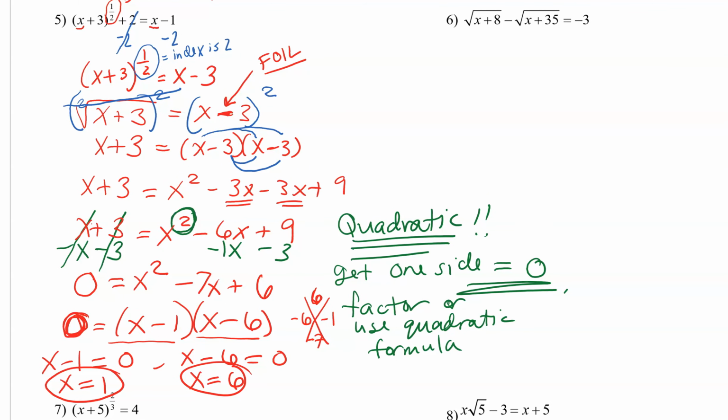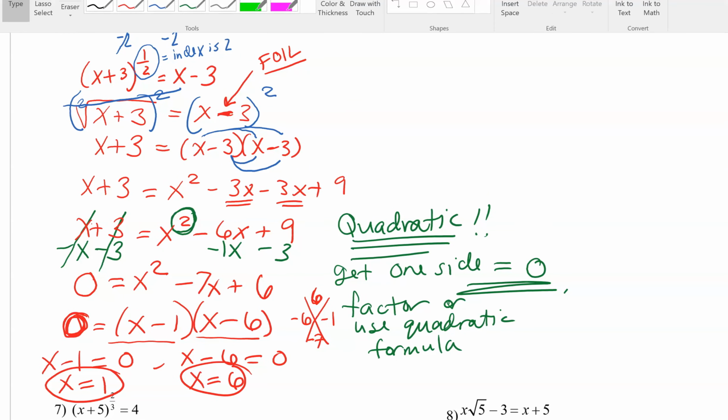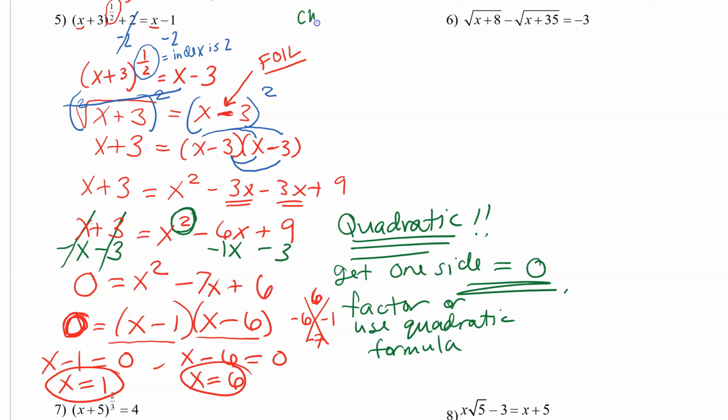So let me go back to the beginning here, and we're going to check our answers. The first one I'm going to check is x equals 1, in the original equation. So wherever there's an x, I'm just going to replace it with a 1 and see if it works. On the right side of this equation, I get 0.